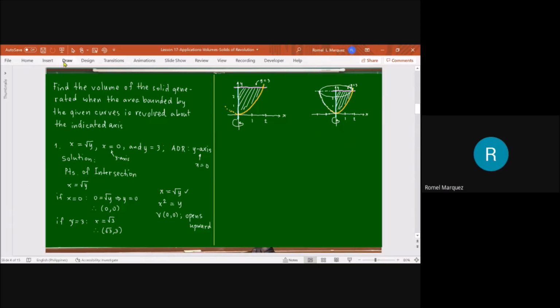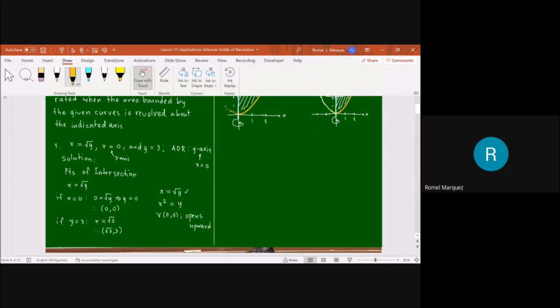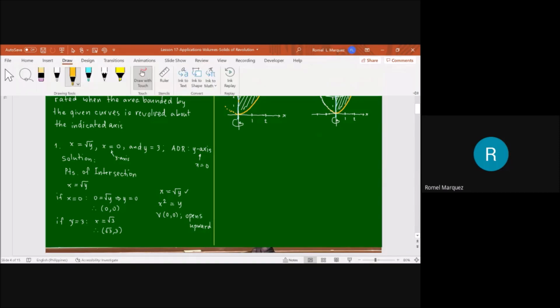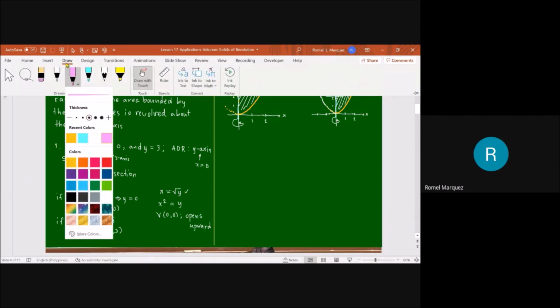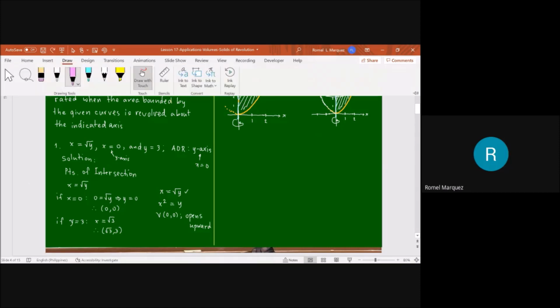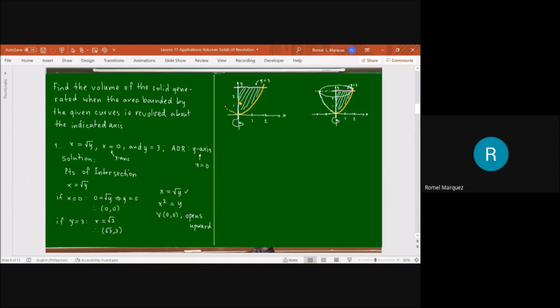And for the appropriate element, because you want a circular disk, is a circular disk possible? To form a circular disk, we need the element perpendicular to the axis of revolution. Is a horizontal line possible? Because that is the one that is perpendicular. It is possible, so we can make use of that. This is the element.